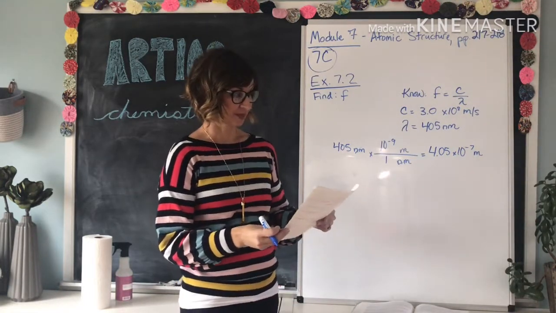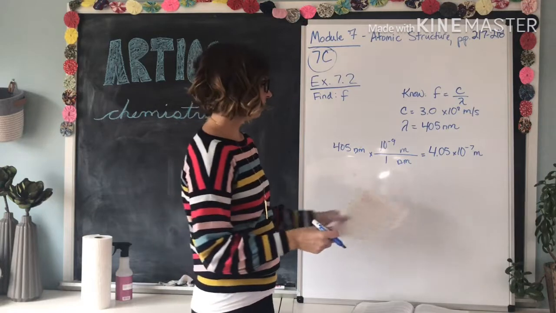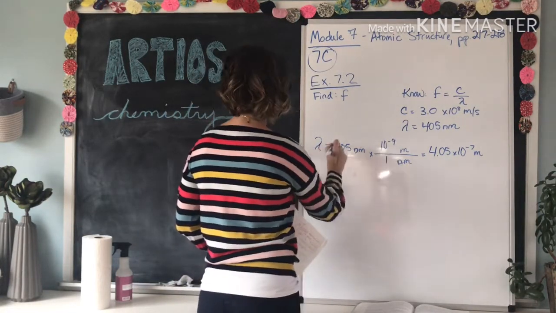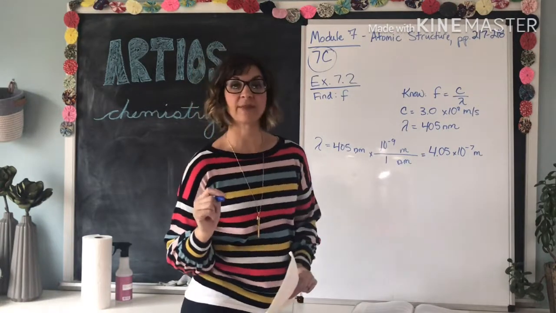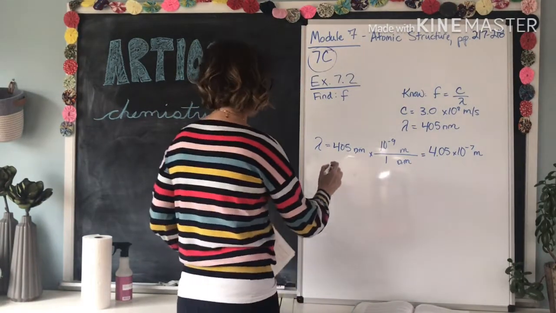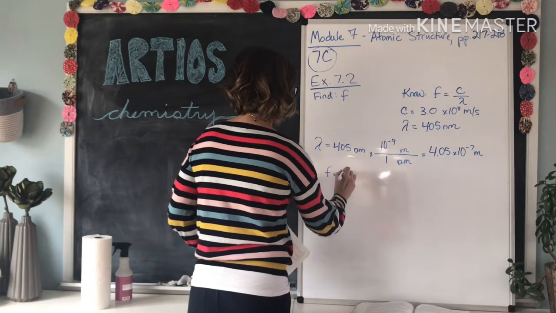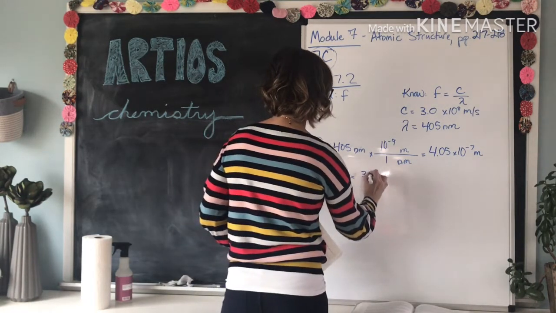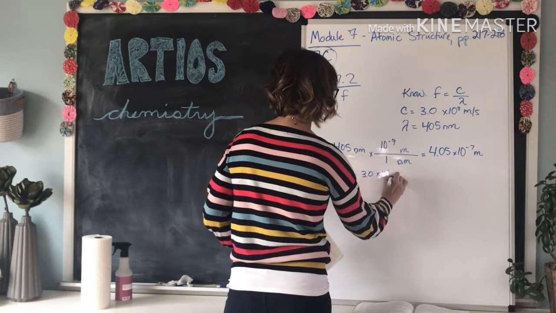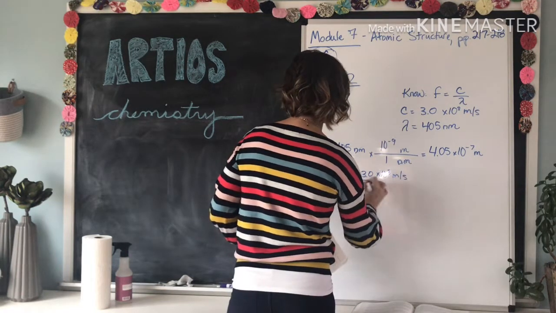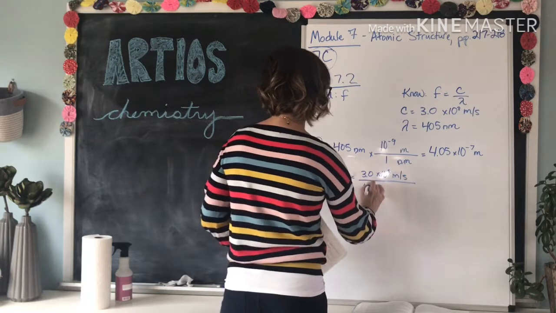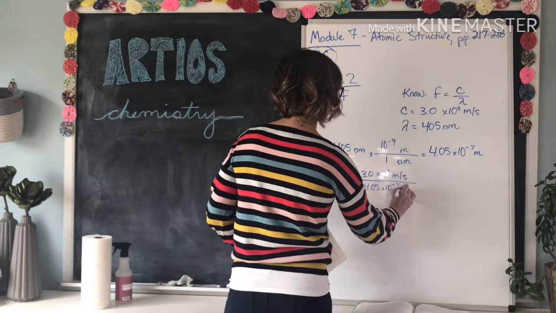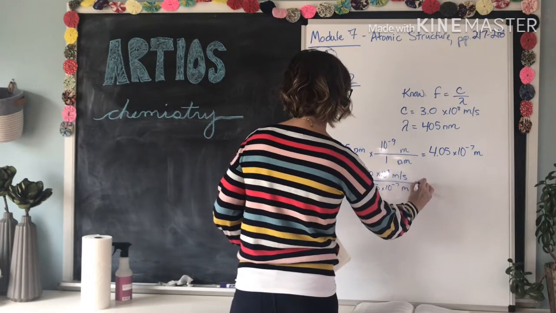Yes, that is correct. Okay, and now that I have my wavelength in meters, I can now plug my two numbers into the equation that I know, which is frequency equals C over lambda. C is 3.0 times 10 to the 8th meters per second. My lambda is 4.05 times 10 to the negative 7th meters.